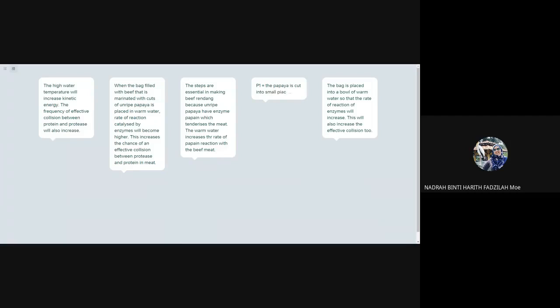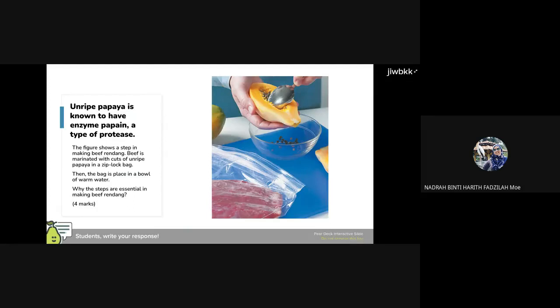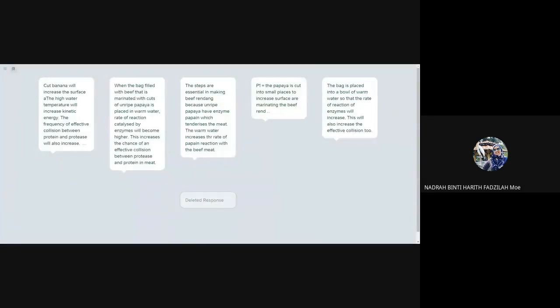Nombor 2, marinating the beef with papaya, we give the enzyme papain time to react with the protein inside the beef.